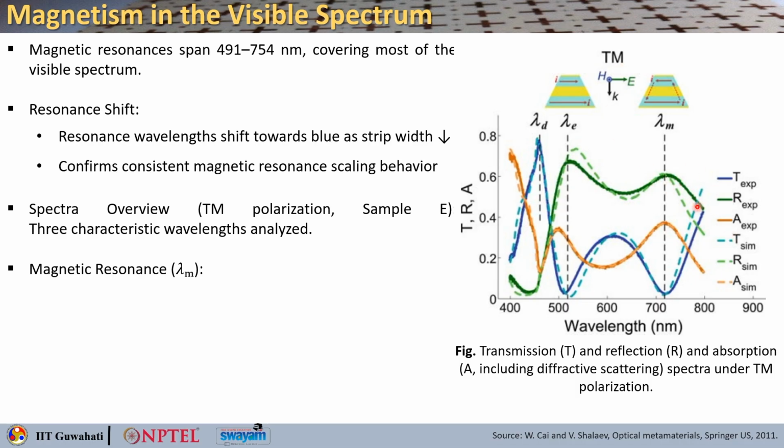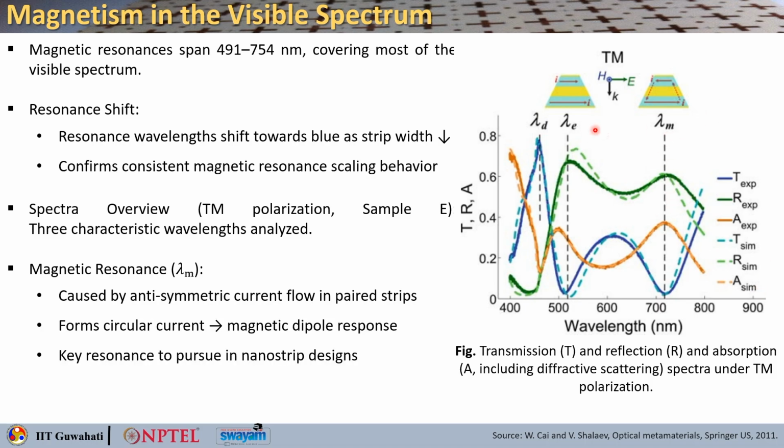The magnetic resonance is caused by antisymmetric current flow in the paired strips: in the bottom strip the current is flowing this way, and in the upper strip it is flowing in the opposite direction. So you have a loop forming, and that gives you the magnetic resonance. This key resonance is very important for pursuing the nanostrip designs.